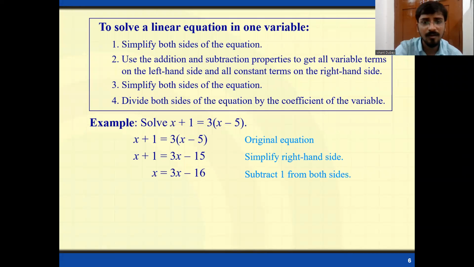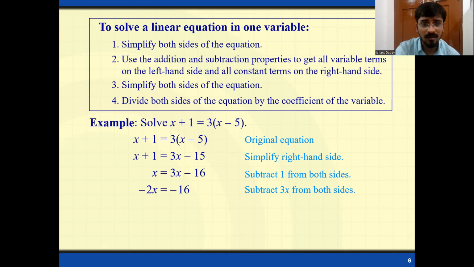So you can see x equals 3x minus 16. So 1 we have taken to that side, so we subtract 1 from both sides. On the left-hand side, plus 1 minus 1 becomes 0, and on the right-hand side, minus 15 minus 1 is minus 16. That's why we are getting x equals 3x minus 16.